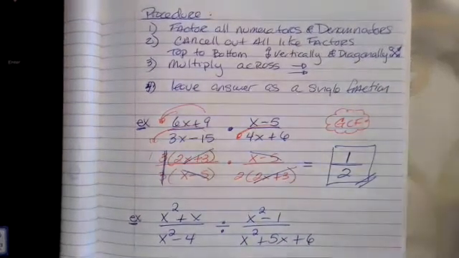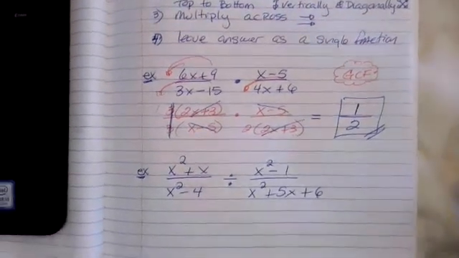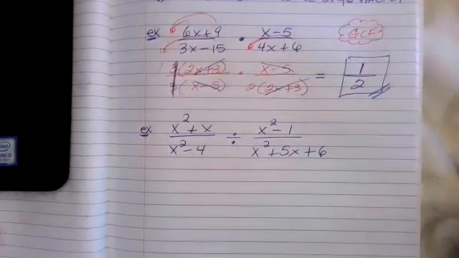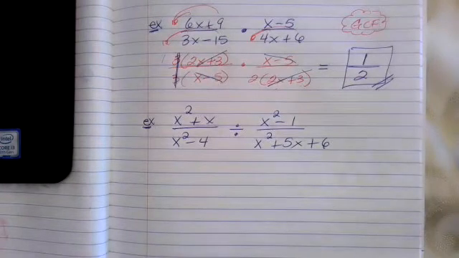And I'll scoot this down so we could look at this division problem. Remember, it's division. You can't divide with fractions, so you're going to have to change this into a multiplication problem. Keep, change, flip, or better saying, we're going to multiply by the reciprocal.